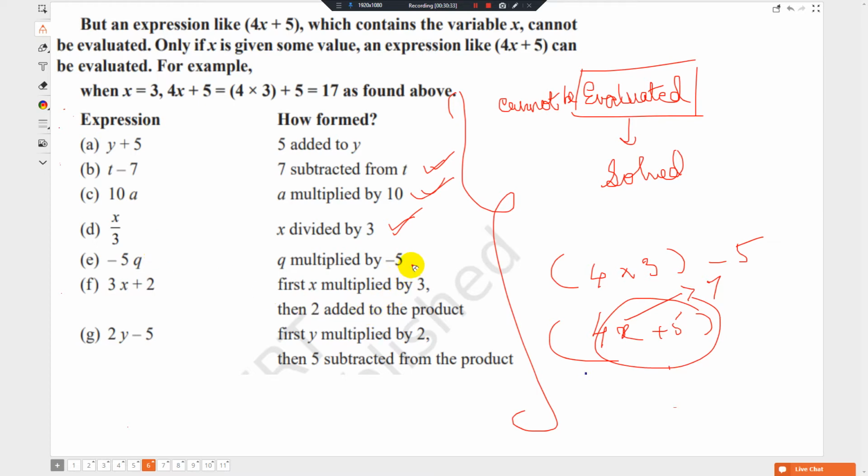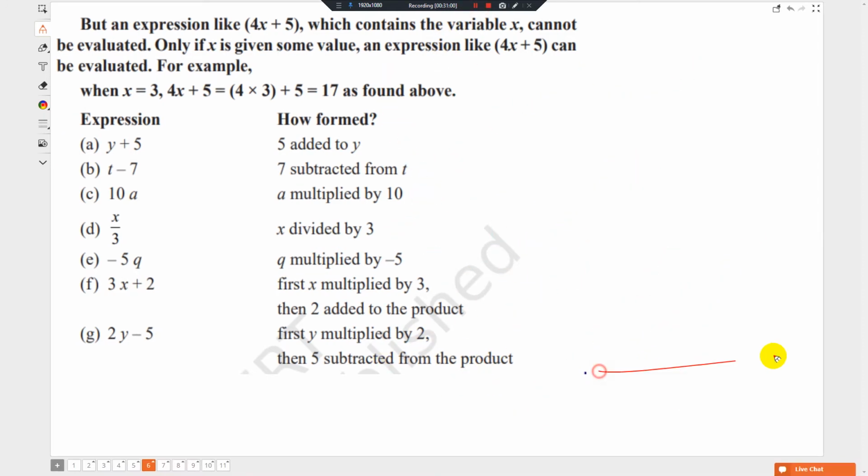So now we know how we will form expressions with integers also. Here q is multiplied by minus 5. Now what about 3x plus 2? First x is multiplied by 3, then 2 is added to the product. Now 2y minus 5. First y is multiplied by 2 and 5 is subtracted from the product.